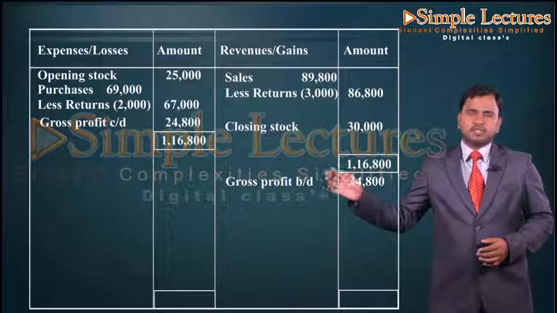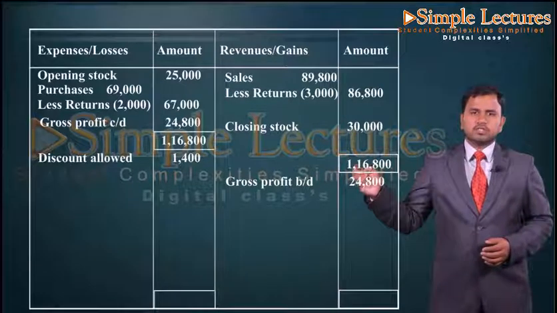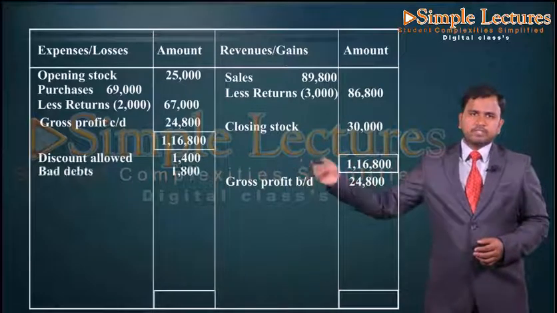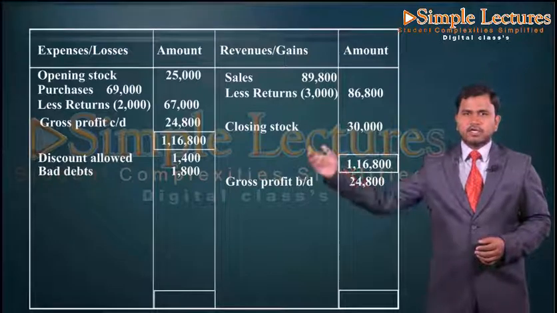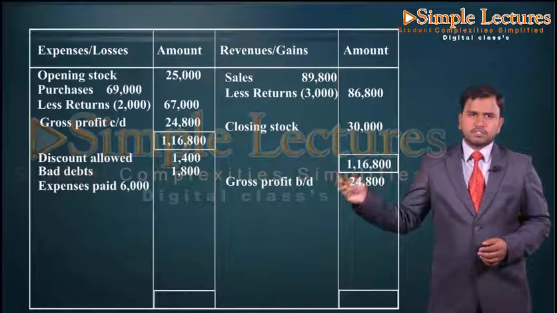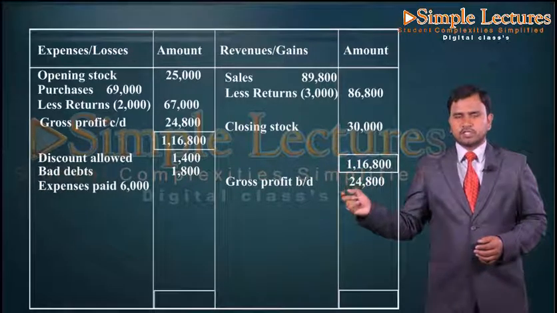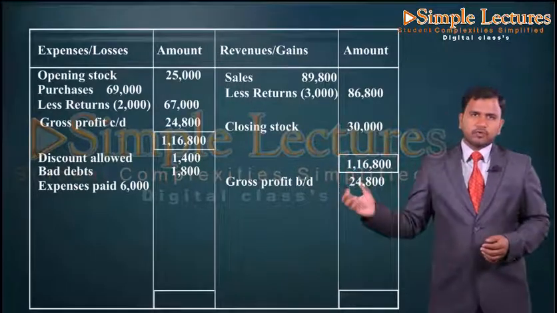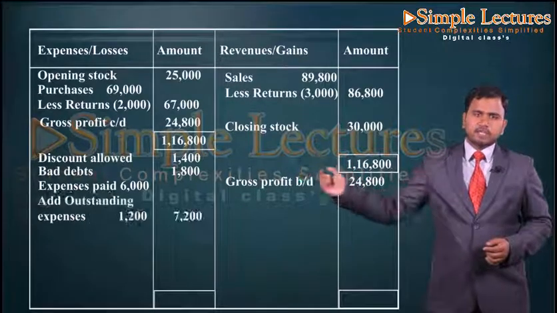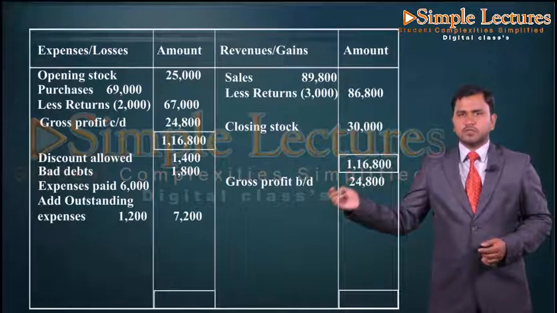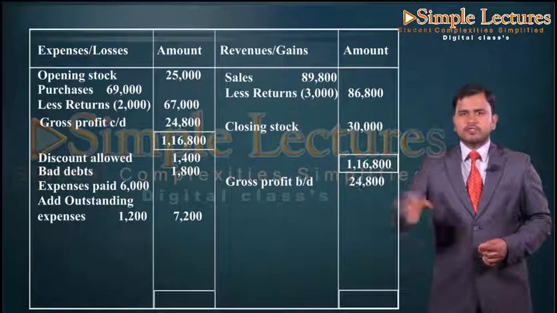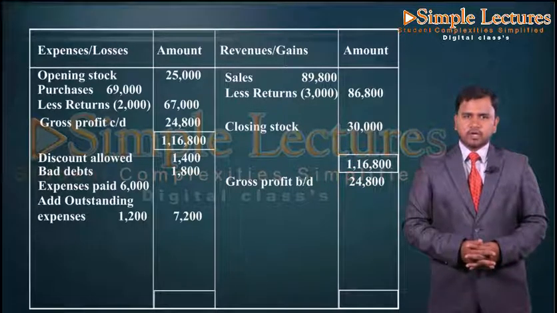We have on the debit side discount allowed 1,400, bad debts 1,800, expenses paid 6,000, and 1,200 outstanding is given in the adjustment that we are going to add here. Add outstanding expenses 1,200, then to the outer column 77,200.